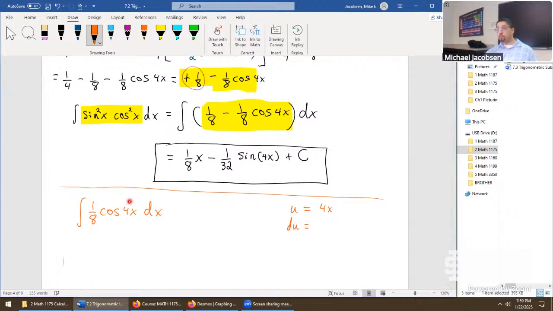The differential du would be 4 dx. We do not have a 4 left alone as a factor inside the integrand, so we can divide it out. 1/4 du equals dx, and come back over here to write, it's now 1/8 antiderivative, let me write out this way, times 1/4 antiderivative of cosine u du. So that's what the u substitution would look like to this stage.